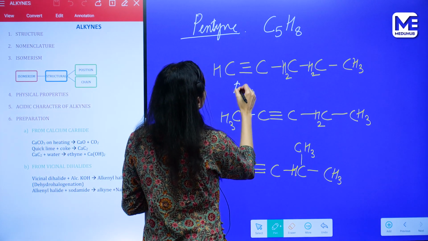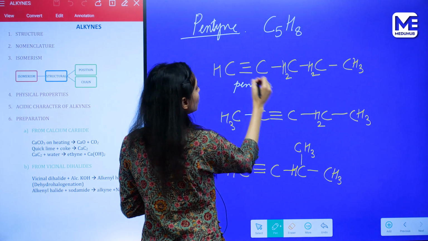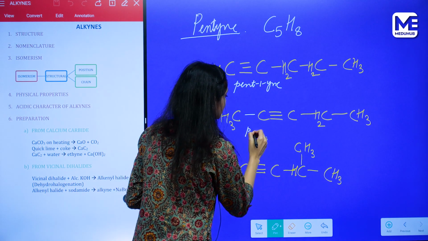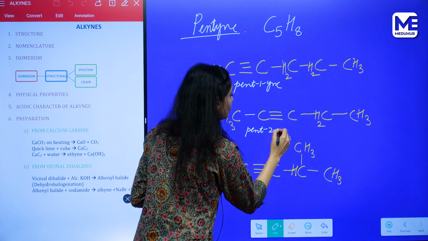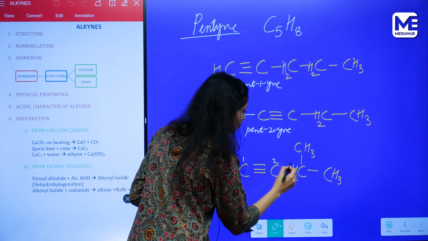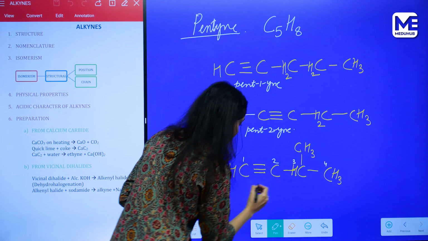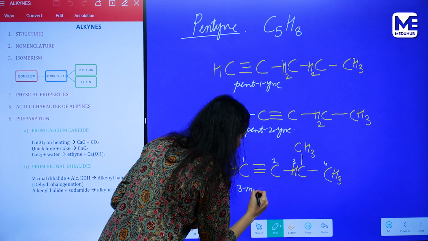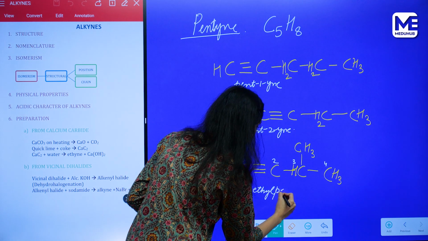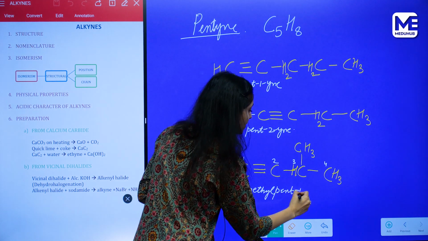This will be pent-1-yne. This will be pent-2-yne. And this will be 1, 2, 3, 4, 3-methylbut-1-yne.